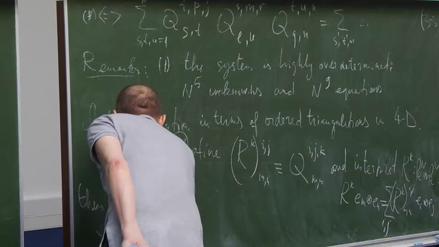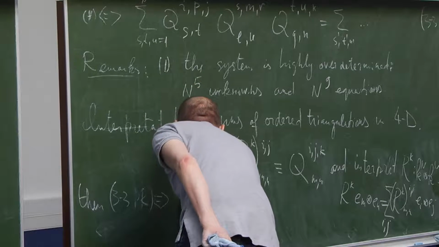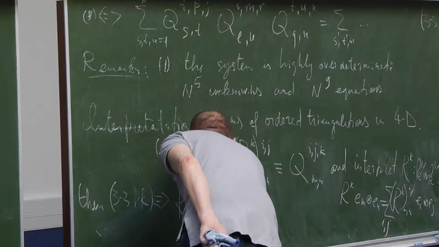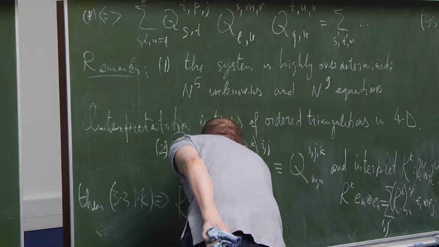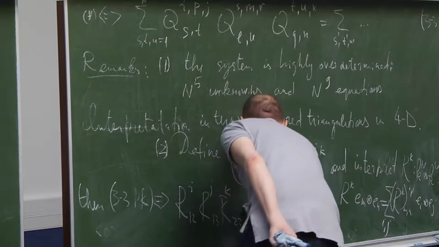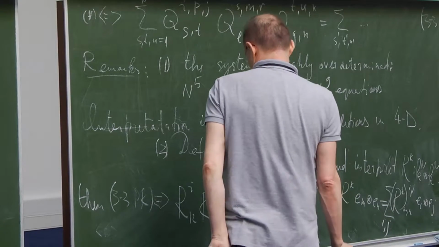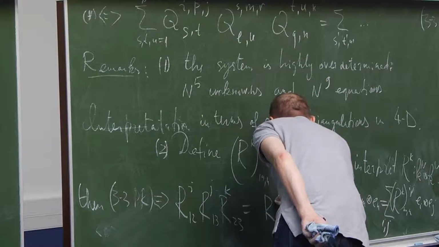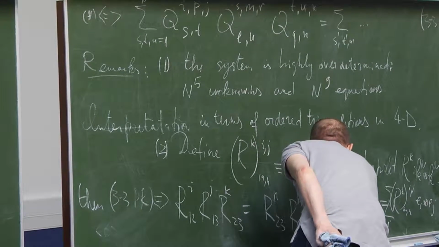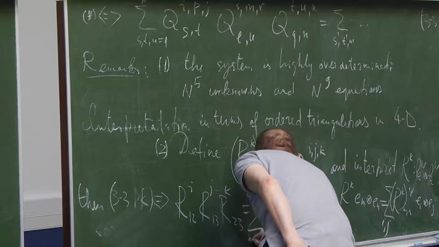Then the three Pachner relation is equivalent to R12, R13, R23, IJK equal to R23, R12, with indices M N, times Q, I, J, K, Mn, summed over Mn.